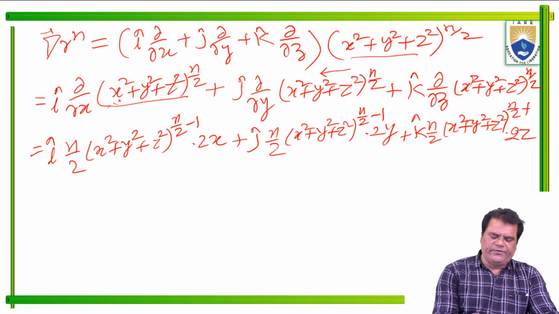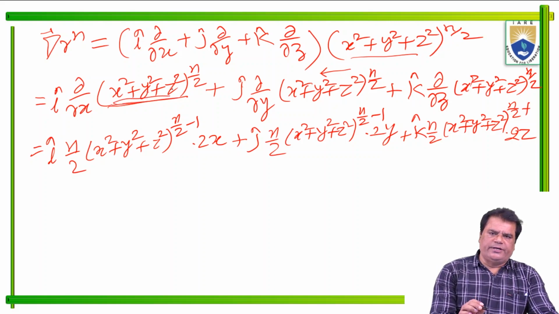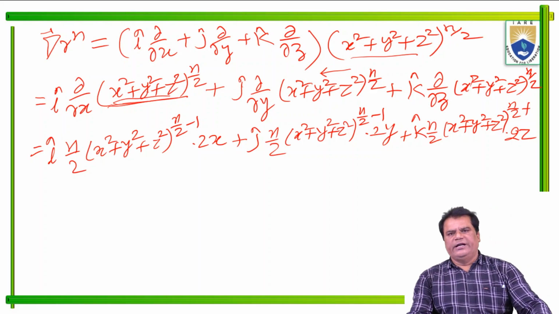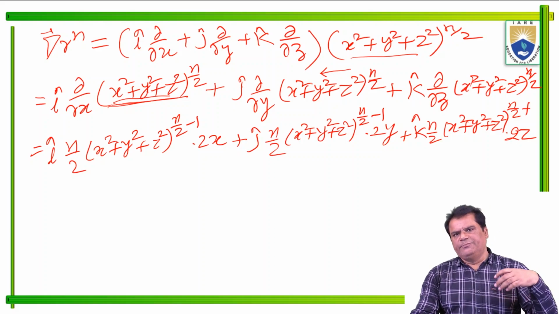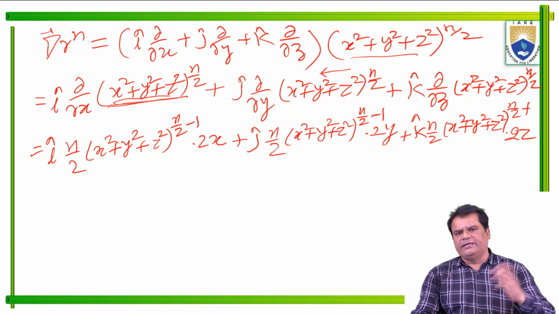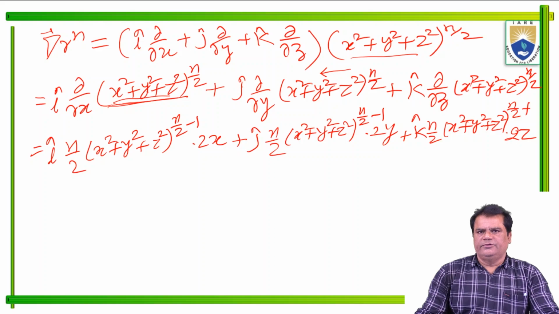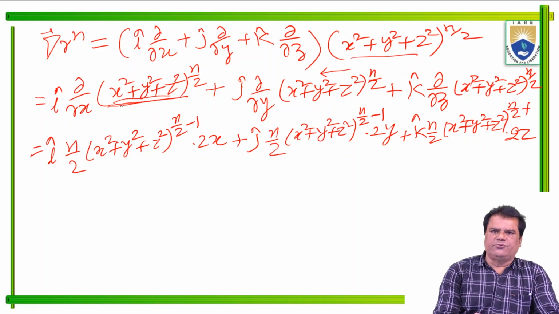When differentiating with respect to x, y and z are constant because we are differentiating partially. So we differentiate only with respect to x, and the other variables are constant.